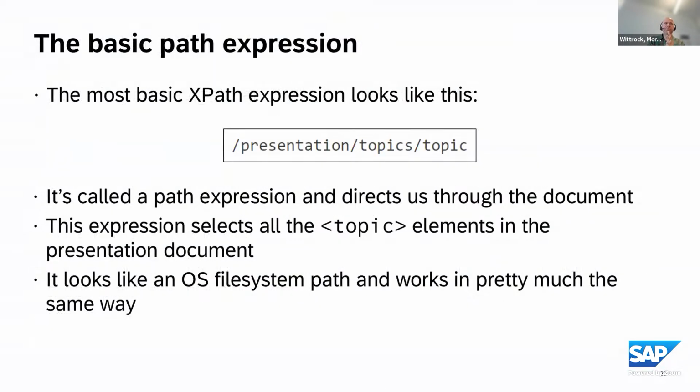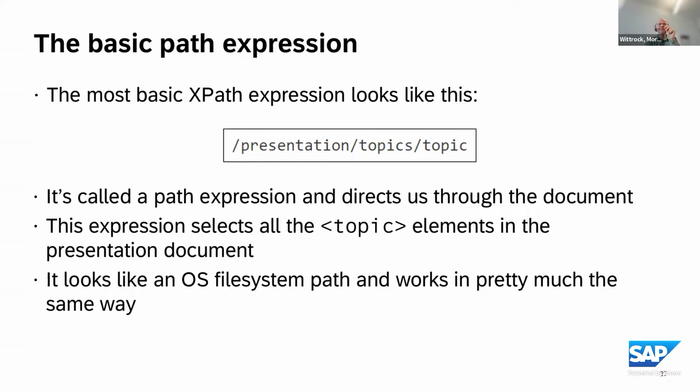So let's take a look at what XPATH looks like. This is the most basic XPATH expression. It's called a path expression. It kind of looks like a file system path in an operating system, and it also more or less works in the same way.